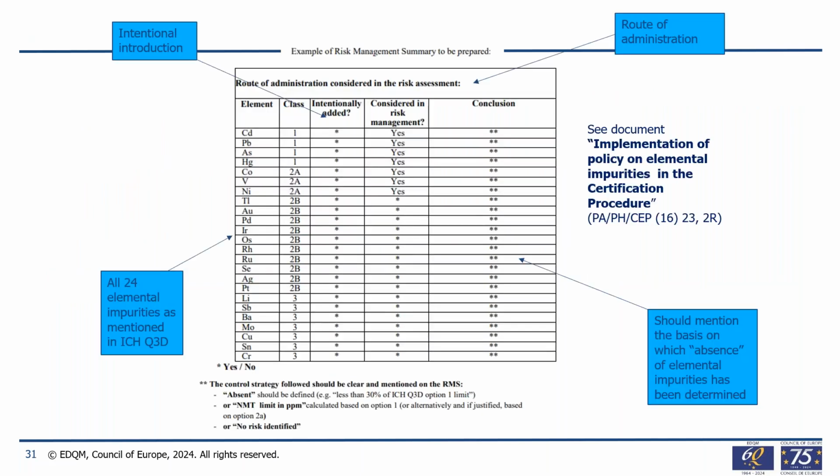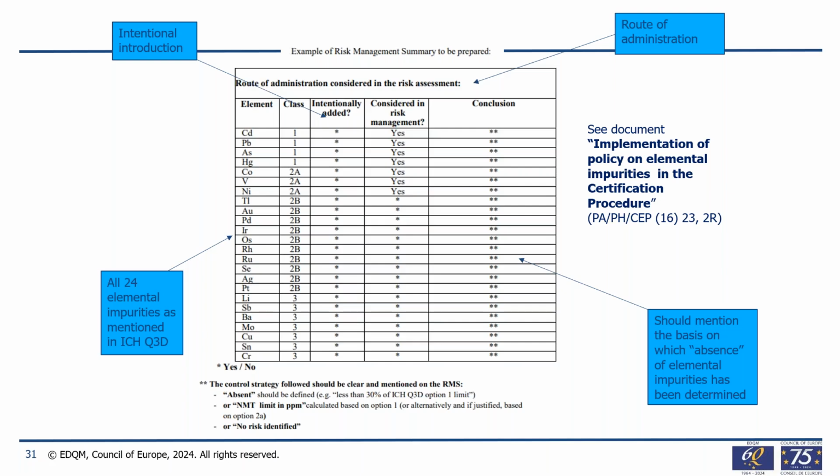So on this slide, you see the layout of the risk management summary for elemental impurities, which is provided as Annex 1 to the EDQM policy document 1623.